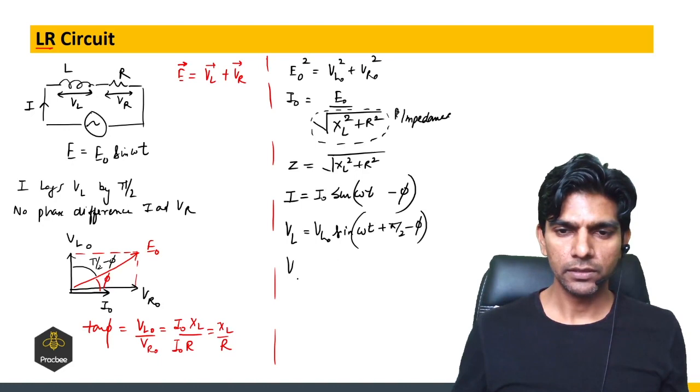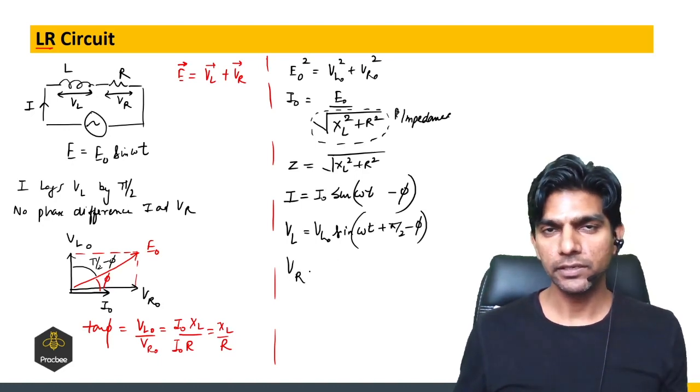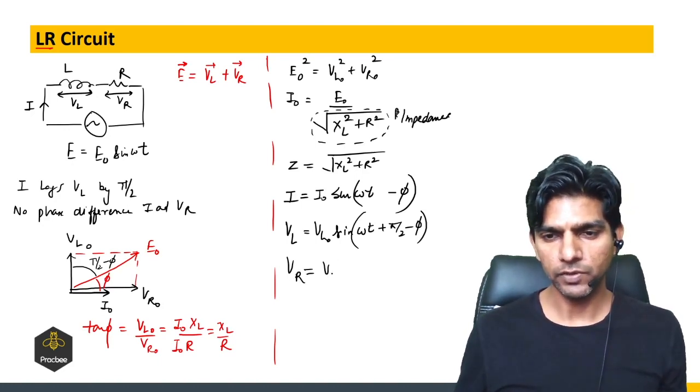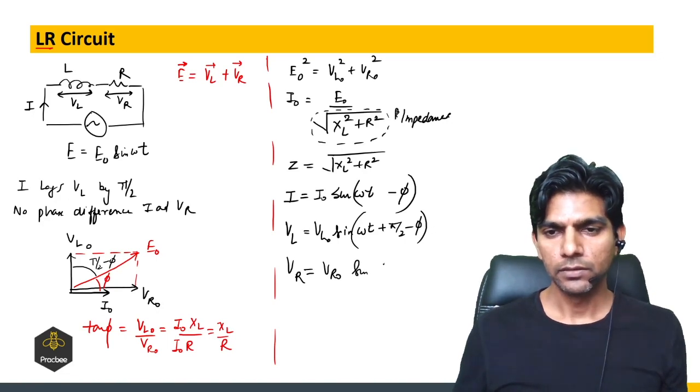Similarly, the instantaneous voltage across the resistor will be VR naught sine omega t minus phi. I hope it is clear.